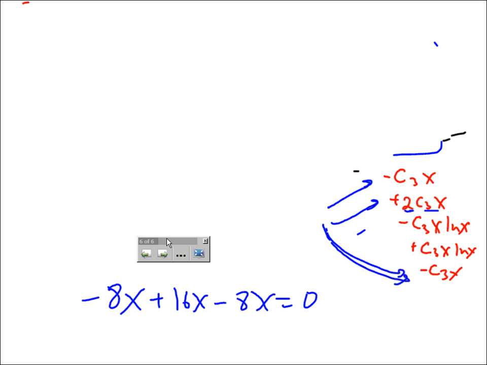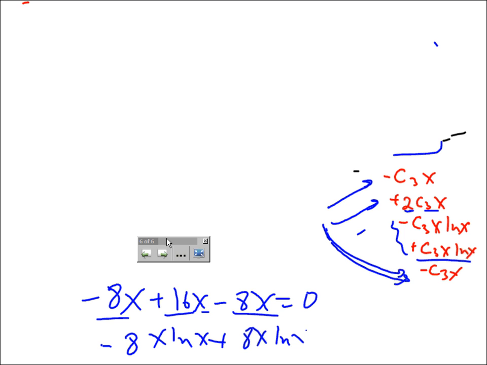That's 0. 16 minus 8 is 8, minus another 8. And then I add up those 2: negative 8x ln of x plus 8x ln of x. That canceled out.